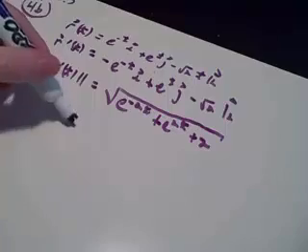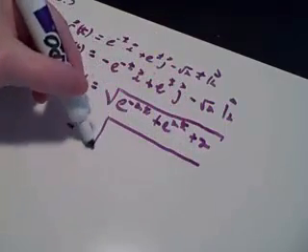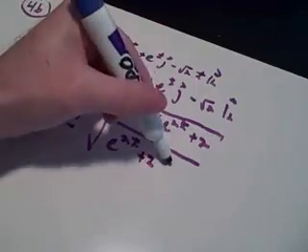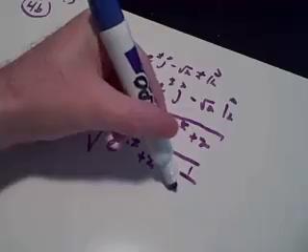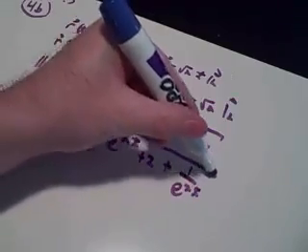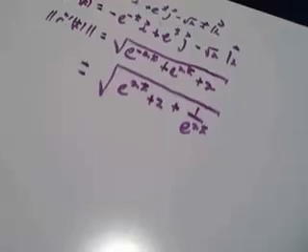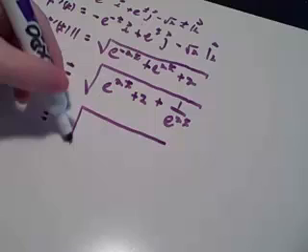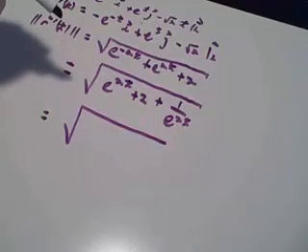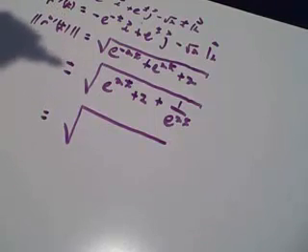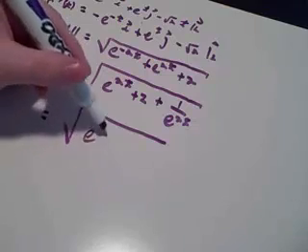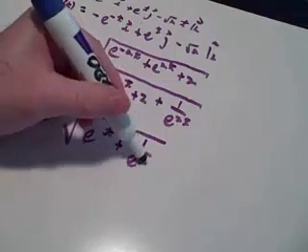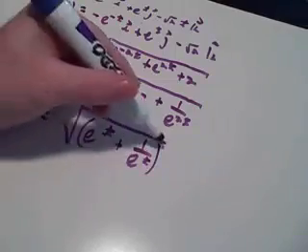Now if you rearrange this as e to the 2t plus 2 plus 1 over e to the 2t, and think about it, you'll see that you can factor the radicand as e to the t plus 1 over e to the t, quantity squared.